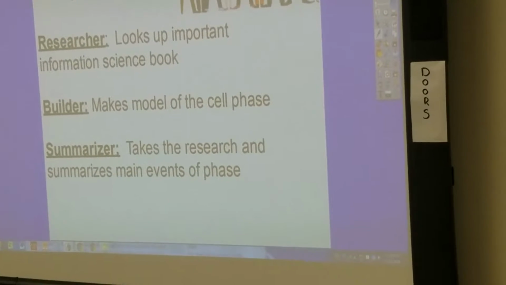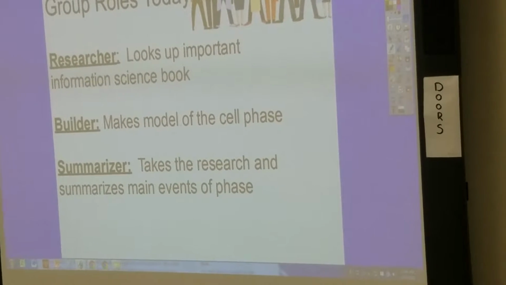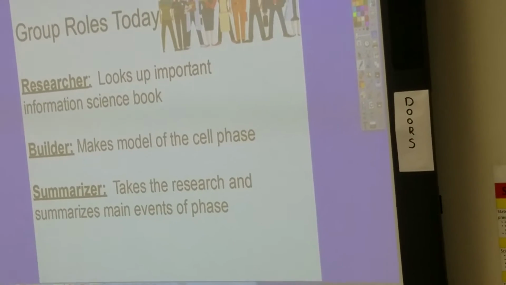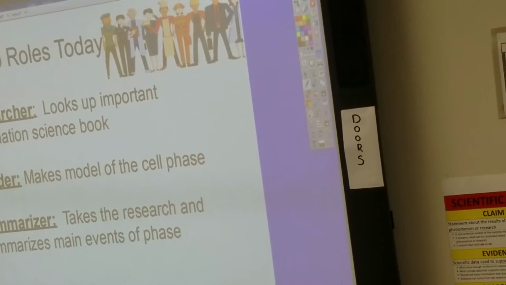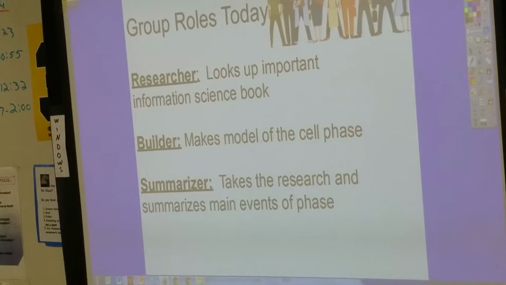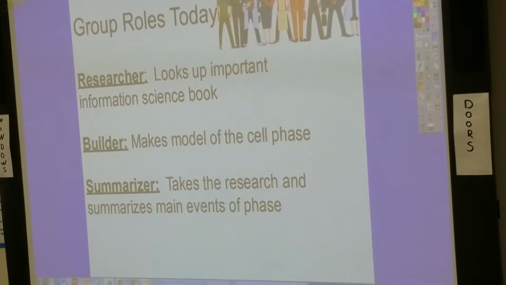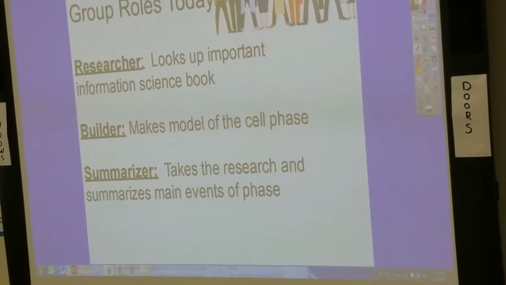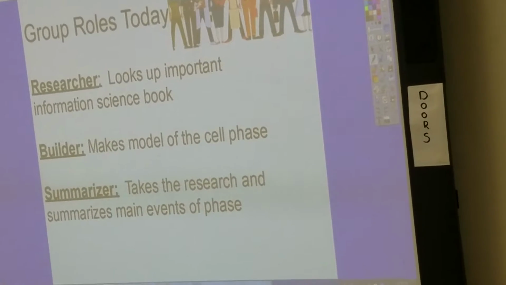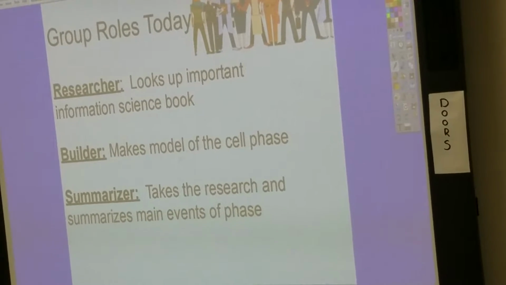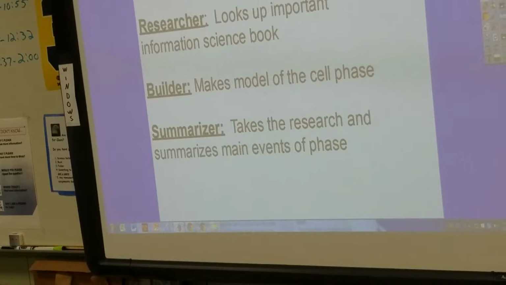A builder, that's the person that's going to make the model. And then there's a summarizer. That's the person that's going to write down on the chart. So you are going to be the researcher for 2 of the phases, the builder for 2 of the phases, and the summarizer for 2 of the phases. So you get a turn at each one. And if there's 2 in your group, you get to do 3 and 3. Does that make sense? Yeah.